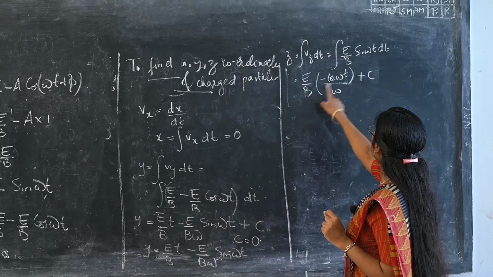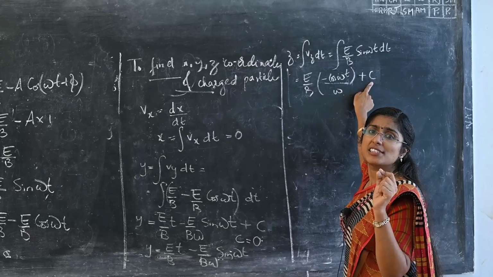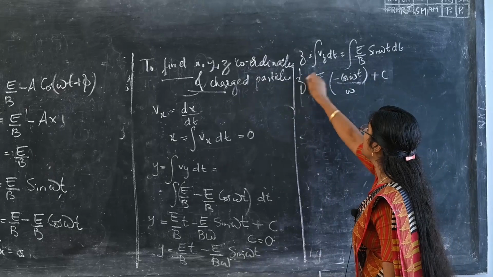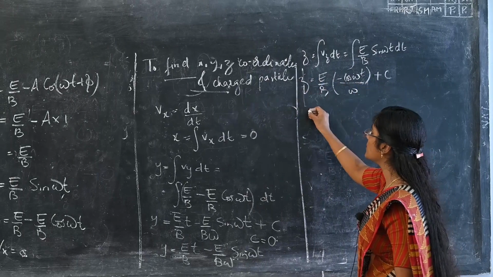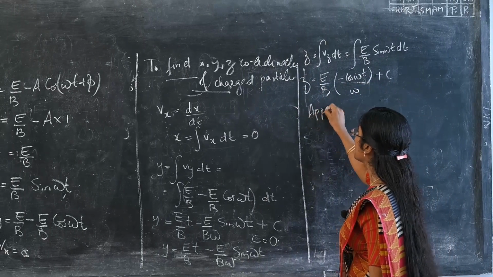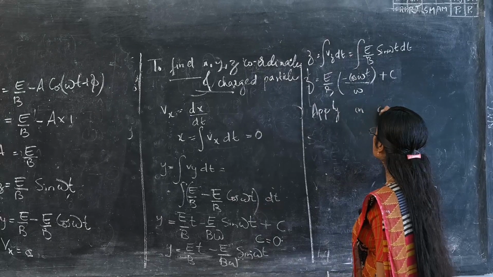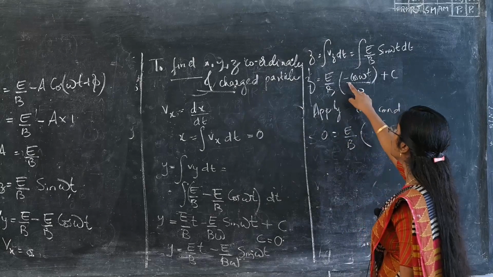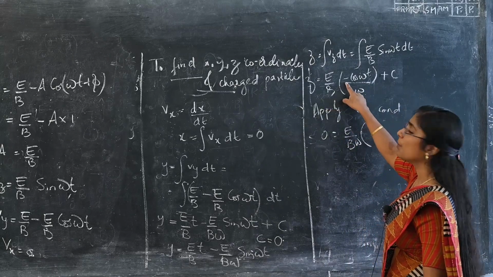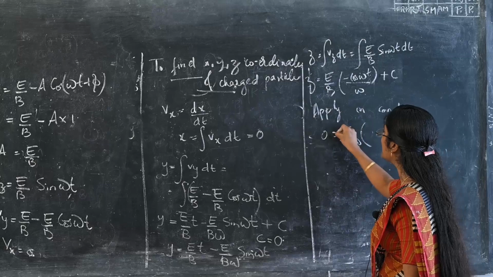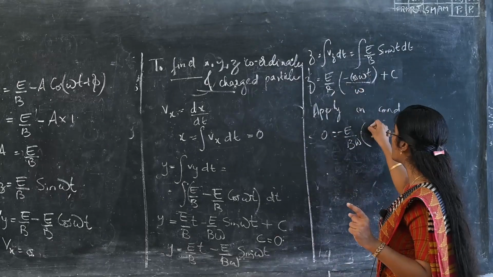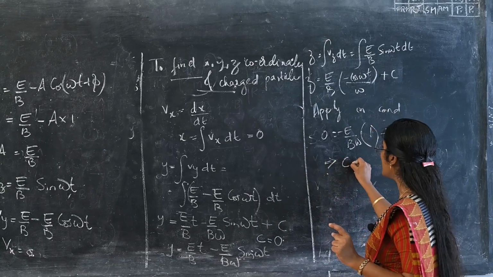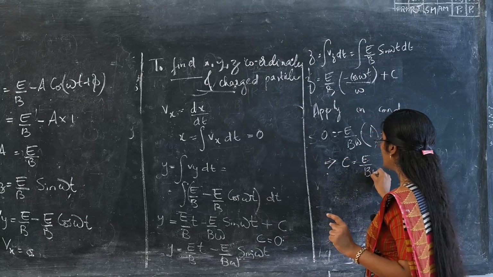So what did I get? Again a constant of integration which has to be eliminated, again using the initial condition. Initial condition means I give at t equal to 0, z equal to 0. So applying initial conditions, what do I get? I get 0 equal to E by B omega, I take out minus cos omega t, or I get it as minus cos 0 is 1 into 1 plus c, or my c is equal to E by B omega.